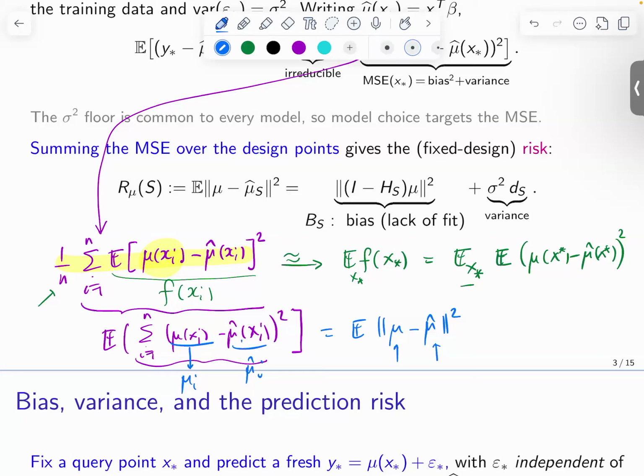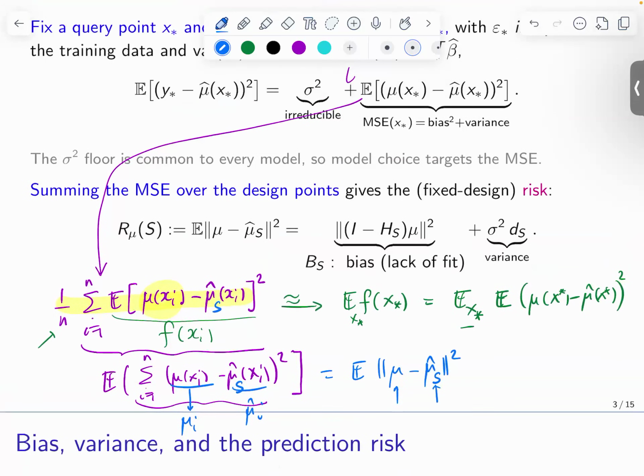I'm going to put an S here to emphasize that this depends on the subset or the model. So in the end, what we arrive at is this measure, which I'm calling the risk, the fixed design risk. Have people heard about the risk in 100B?